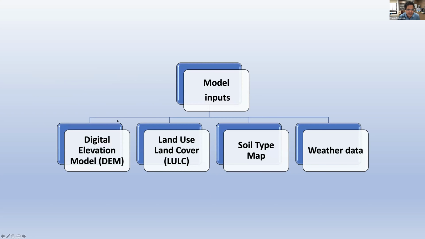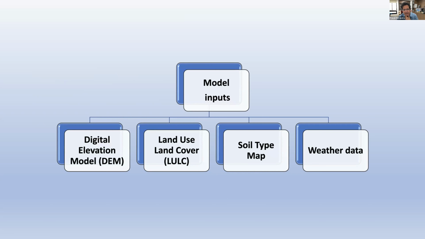Digital elevation model, as I discussed a few minutes back, and land use, land cover, which essentially tells you the use of the surface. If it is a road, water cannot pierce through the road. If it is a building, again, it will block water. If it is, let's say, loose soil, water will go into the groundwater through that.